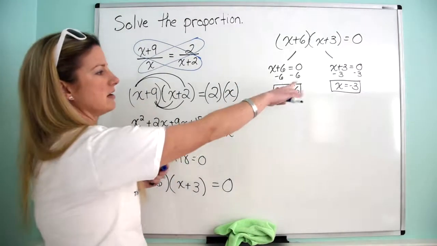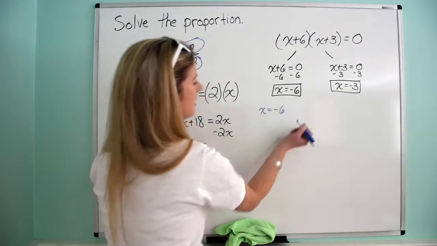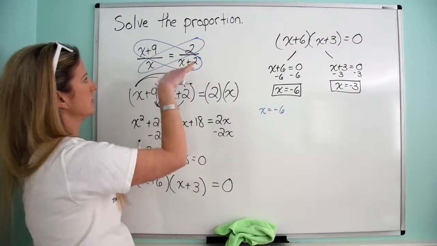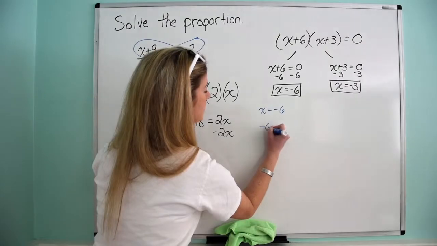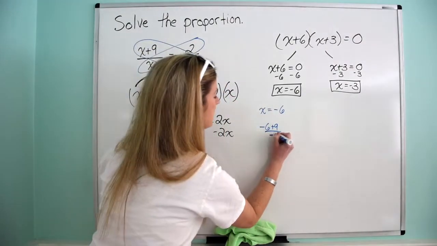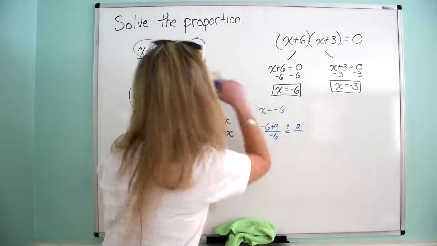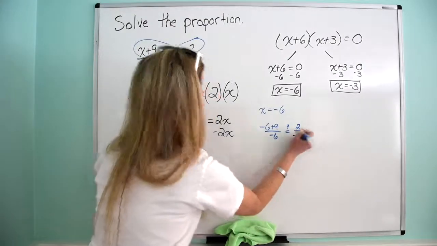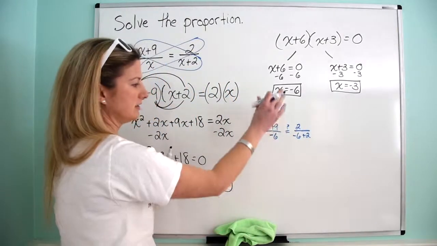So all we do is we say, do these work. So, okay, when x equals negative 6, is this a true statement? So I plug in negative 6 wherever I see x. So negative 6 plus 9 over negative 6. And does that equal 2 over x, which is negative 6, plus 2? Some of you right away might do this in your head and say that's a true statement.